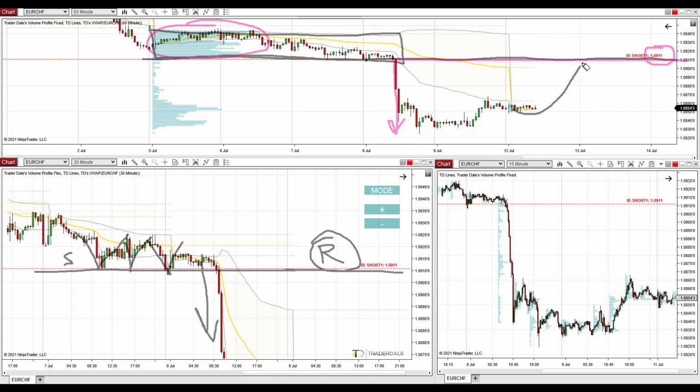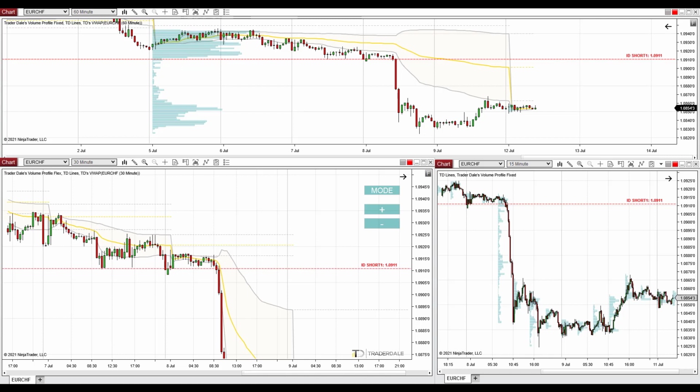When there's a pullback, I expect the sellers from this area, those aggressive sellers who initiated this strong sell-off, I expect those guys to defend this heavy volume area and to push the price downwards from there again. Alright, so that's for the day trading resistance on the euro Swiss franc.